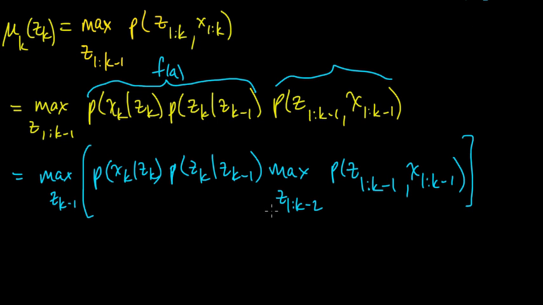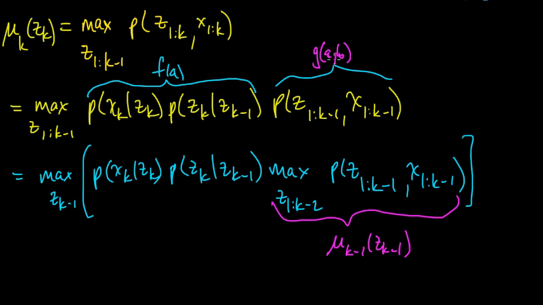So this is mu k minus 1 of zk minus 1. This is g of a and b here. So this is mu k minus 1, and that's nice. This is known: it's just the emission probability, which we are assuming is known. This is the transition probability, and that's known. So things are looking like we're getting somewhere.